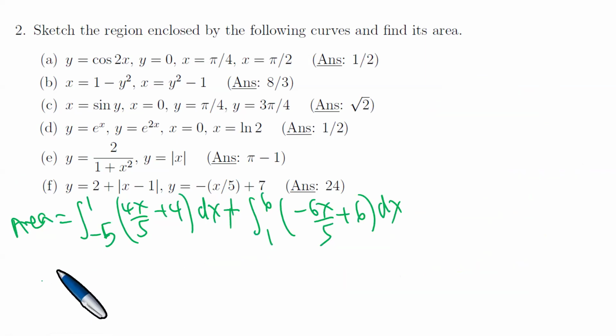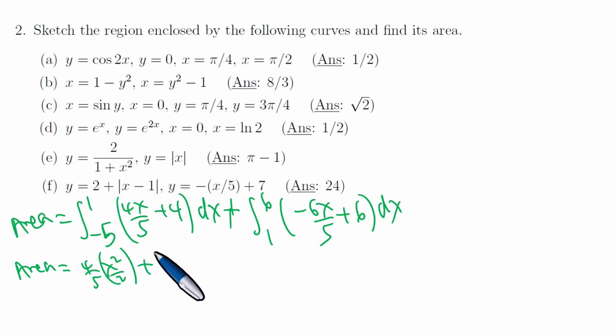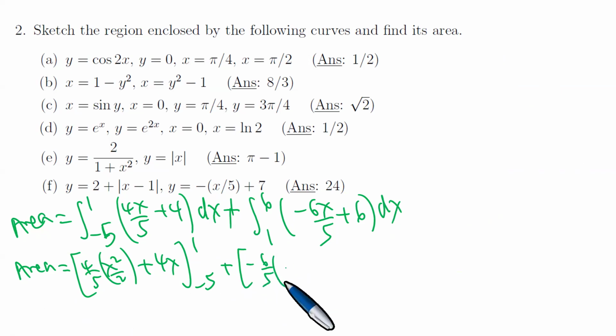Okay, check this out. The area. So this is 4 over 5, x squared over 2, and 4x, integrated from minus 5 to 1. And this is minus 6 over 5, x squared over 2, and then 6x from 1 to 6.